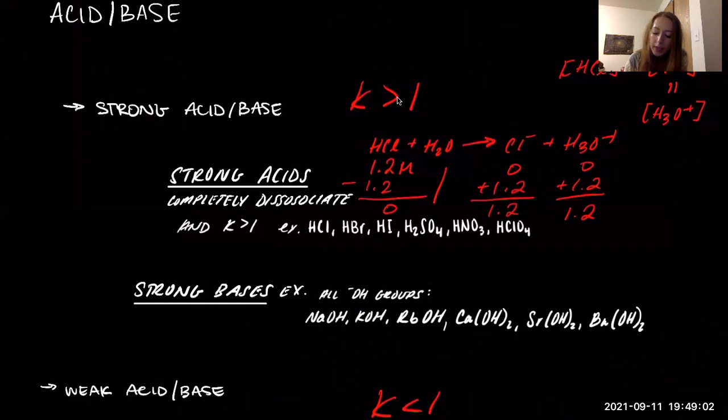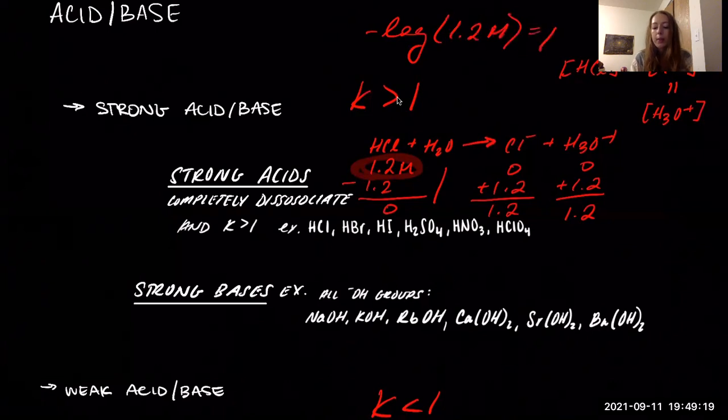And so that is why when we do negative log to find the pH, let's say this was our initial concentration, we can do negative log of 1.2 molar to find the pH for an acid, because the initial concentration of HCl is equal to the H3O+ concentration, okay?